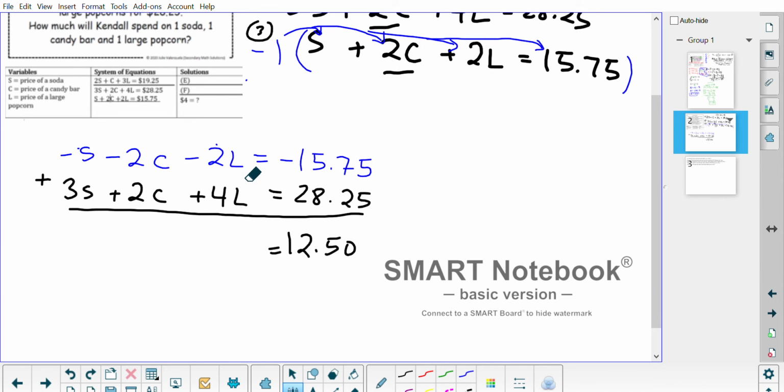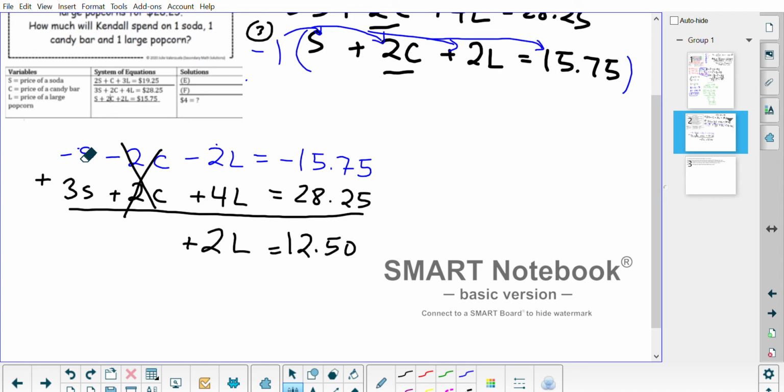And over here, you have a negative 2l plus a positive 4l, and that will just be 2l. And it's a positive right over here. And then we have a negative 2c plus a positive 2c. These are additive inverses, so we can cancel those out.